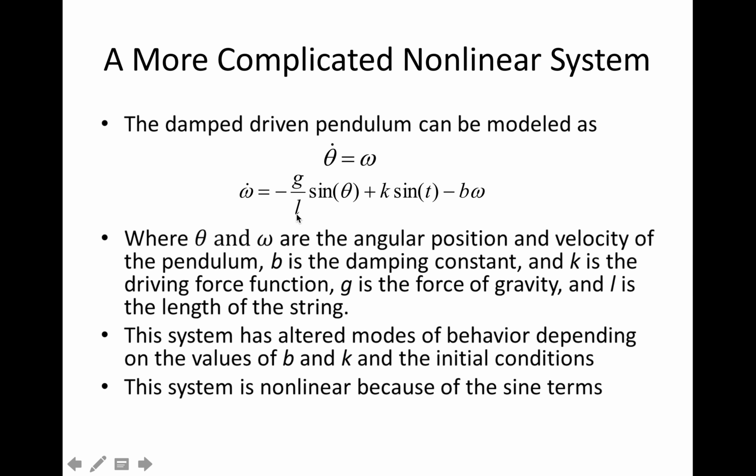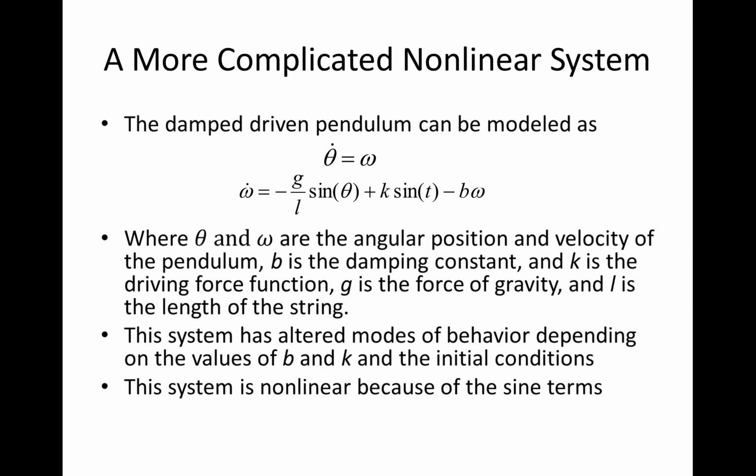So when you did your freshman physics class, you probably neglected these latter two terms, and then you probably also made the assumption that for small angles, the sine of theta is approximately equal to theta. If you do that, you turn the pendulum into a linear system, and you get the standard solutions for pendulum motion that we get in the freshman physics class.